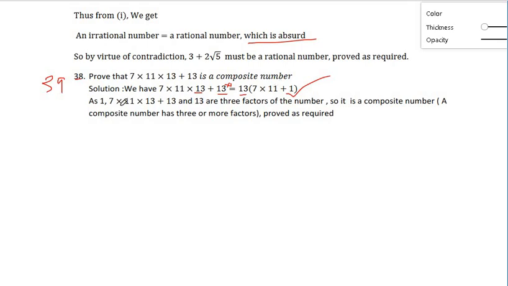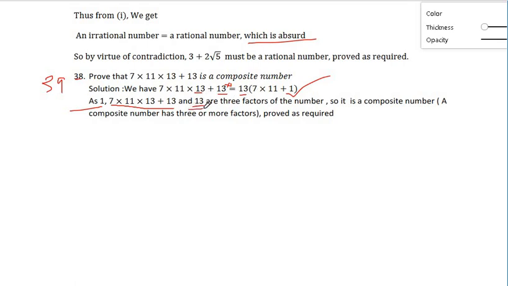Now how many factors did we get? 1 is always a factor, and the given number is always a factor of itself. So minimum 2 factors are always there. Now here, besides 1 and the given number, 13 is also a factor.